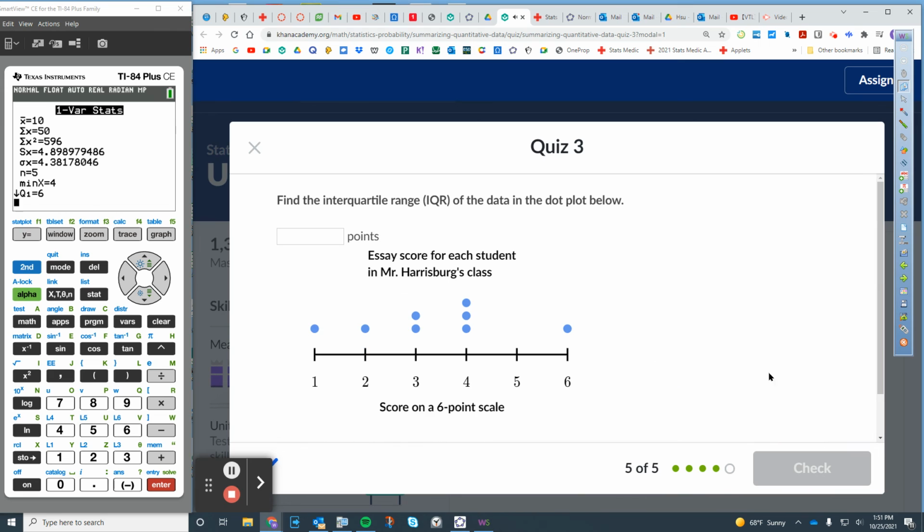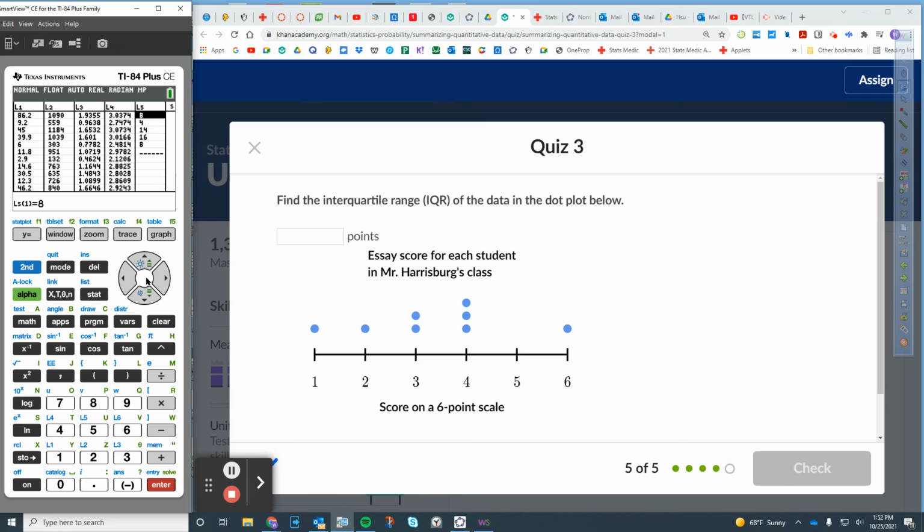Right, last question. Find the interquartile range of the following data. Now, it might be quicker putting it into the calculator. So edit, clear list 5, then put in the data. There's 1 one, there's 1 two, there's 2 threes, there's 3 fours, and 1 six.